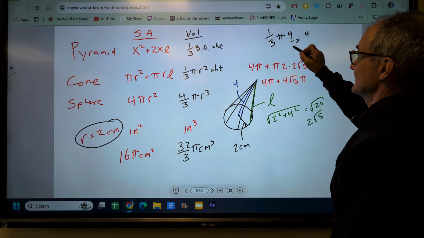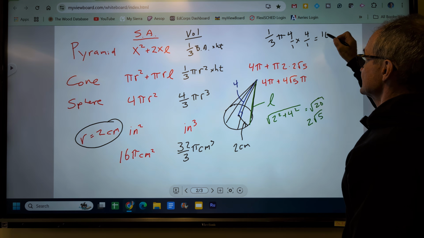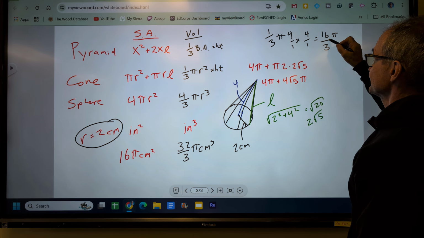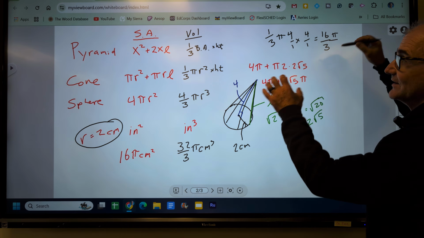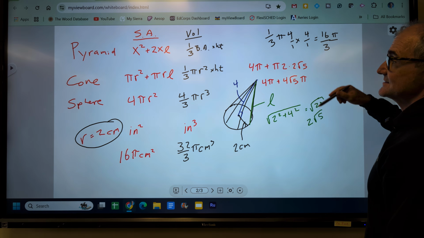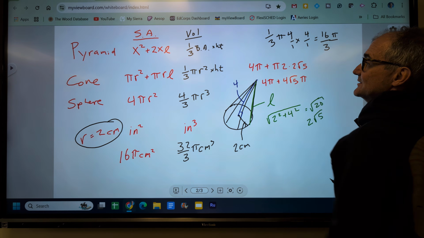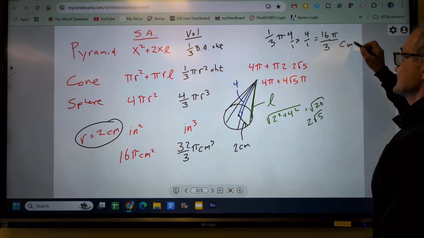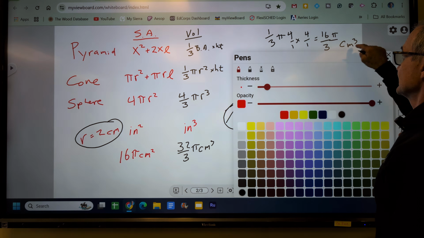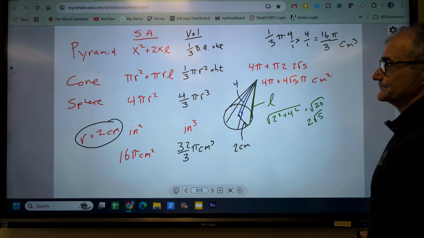So I have 16 in the numerator, 3 in the denominator, and a pi up here. This is going to be a volume measurement. So it's going to be centimeters times centimeters times that height in centimeters to give me cubic centimeters. And then the surface area is going to be square centimeters.